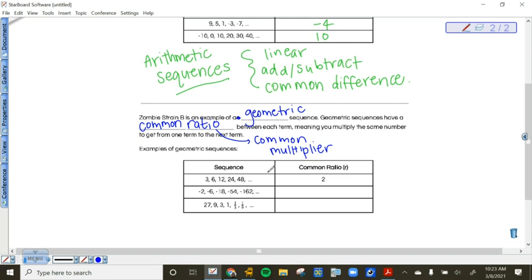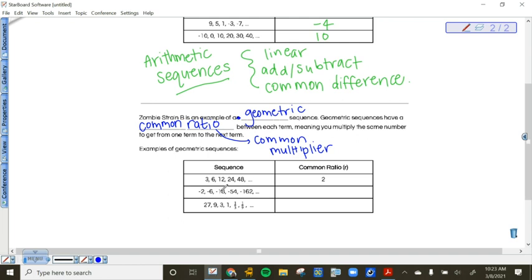And then same thing, we look at these sequences and see if we can come up with the common ratio. So this first one, I go 3, 6, 12, 24, 48. You can tell I'm multiplying by 2 each time. 3 times 2 is 6, 6 times 2 is 12, so on.